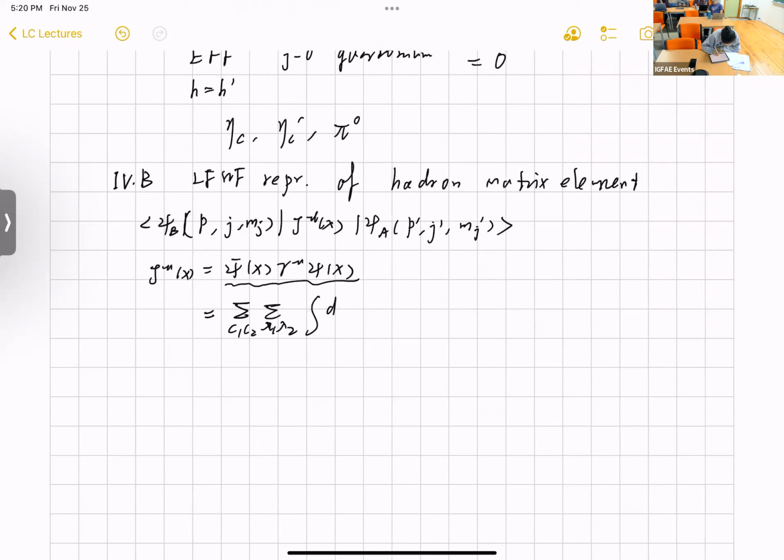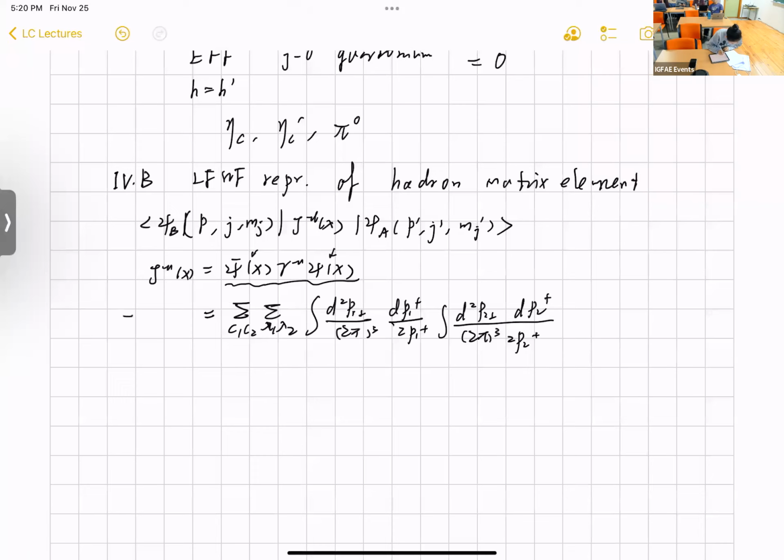So we have psi bar. I have two integrals over the momentum because I need to do this both for psi bar and psi, and I distinguish them by using the 1 and 2 indices.